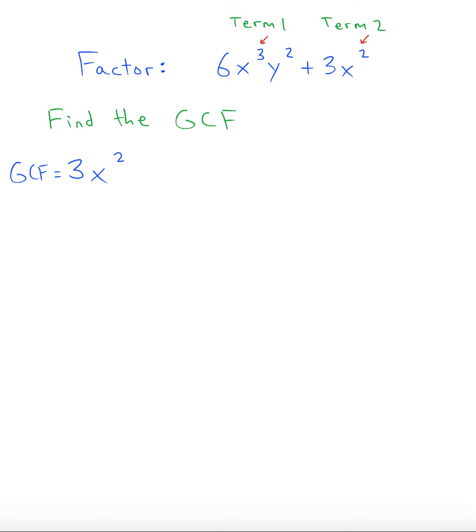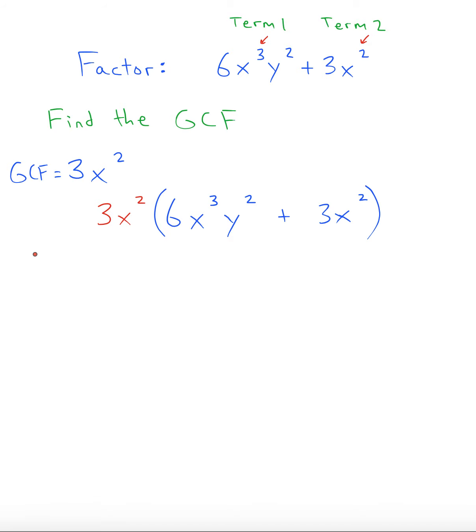Now that I know that, I can go on to the next step of factoring, which is to write the original as it is. And now we want to make a change to it. We're going to multiply the GCF on the outside.